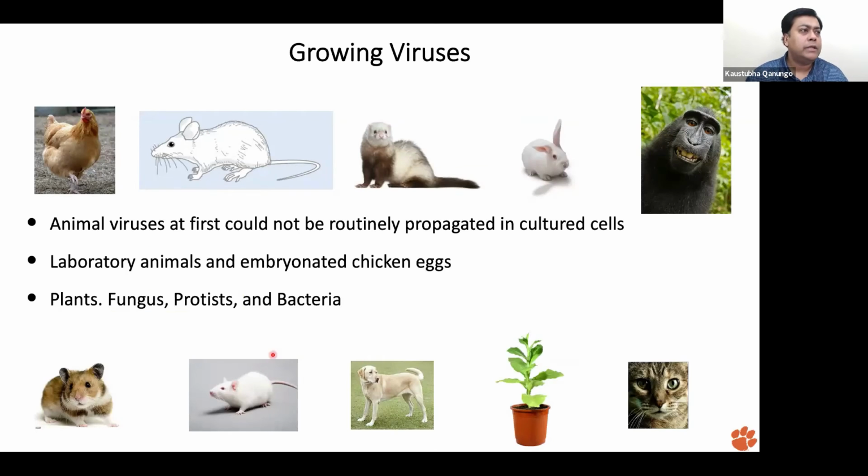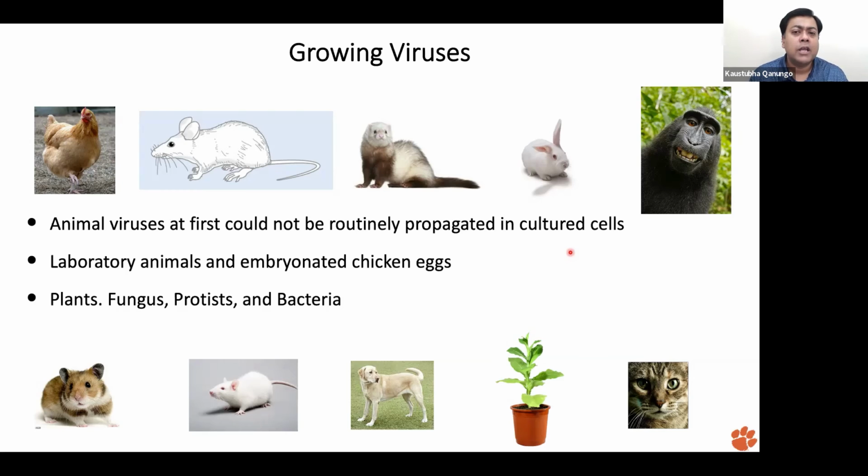Over the period of time, we have grown viruses classically. Before 1949, we actually could not routinely propagate viruses in cultured cells. But in 1949, a huge discovery gave three scientists, you will see that in your notes, a Nobel Prize in 1954.